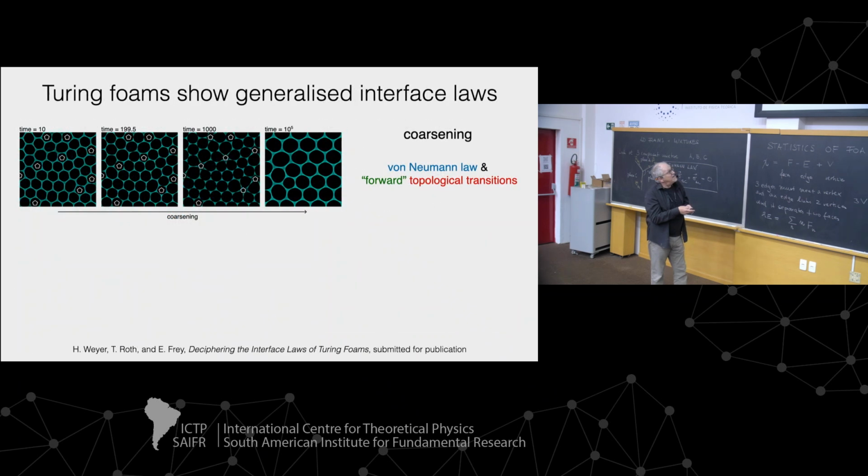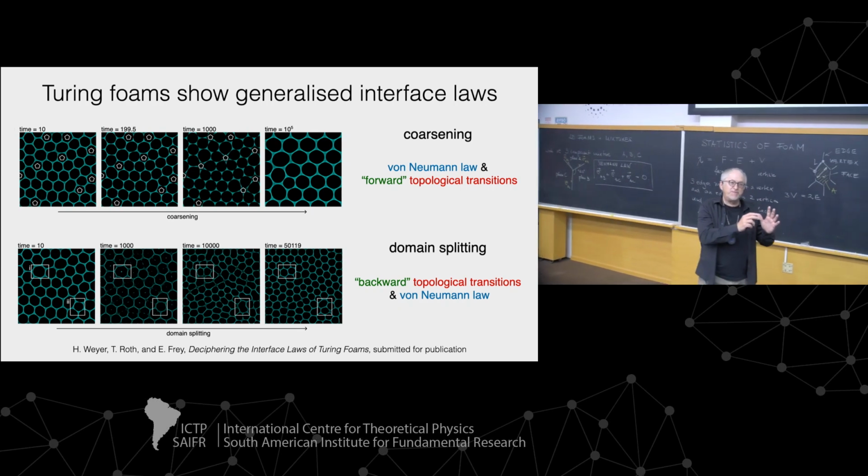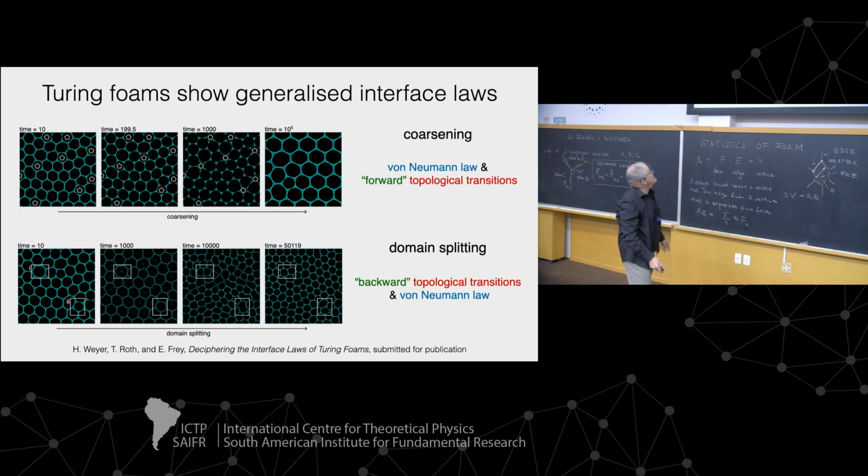Now, what about the other way around? So this was forward topological transitions, T1s, that you saw here. What about the other way around? For that, you need to do the opposite. You start from something too big, and you want to know how it is going back to the smaller size. And this shows here what happens.